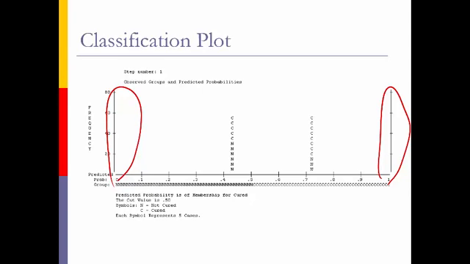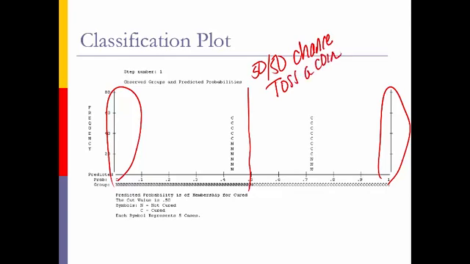The more they are at the end of each graph, the better the model is. If everything is clustered at 0.5, this essentially gives you a 50-50 chance of predicting everything correctly. Well, instead of wasting your time, why don't you just toss a coin? Because you're going to get the exact same output. So we want everything to be a little bit skewed further to either end of these spectrums.